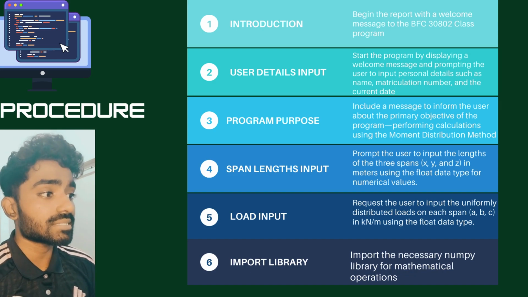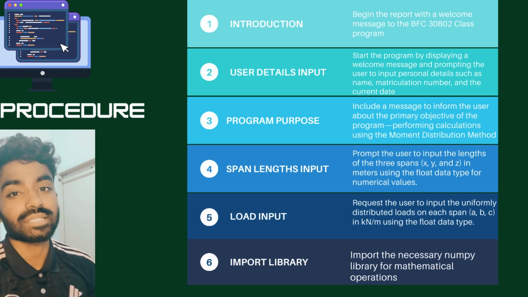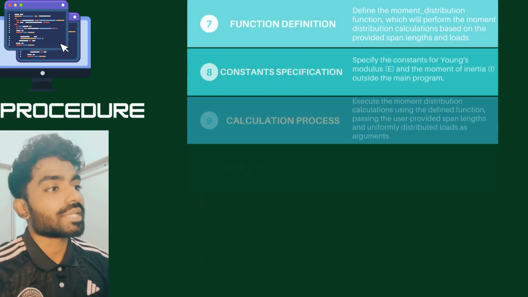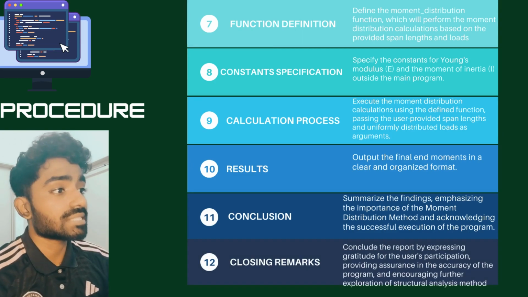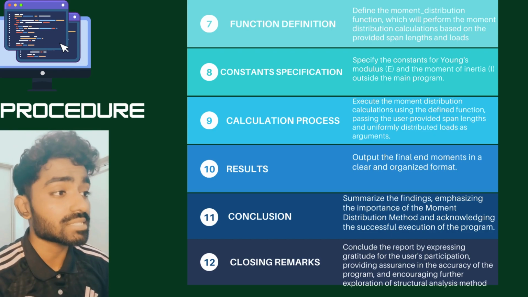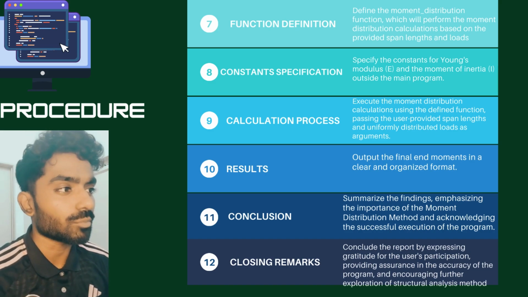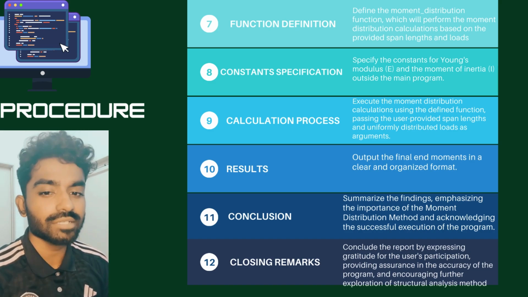And step 6 is import library, so we have to import the necessary numpy library for mathematical purposes. Step 7 is the function definition, so we have to define the moment distribution function. Step 8 is the constant specification, so we have to specify the constants of Young's modulus and moment of inertia.